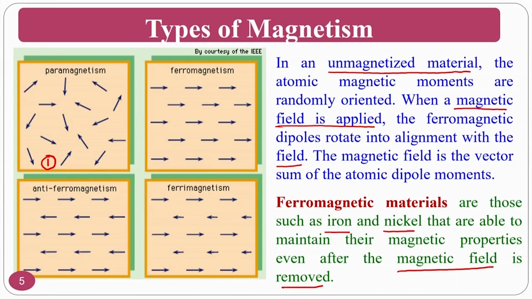If you put them into a magnetic field, they will align along the direction of the field and give some dipole moment, and the vector sum will give you the complete effect. But if you choose a ferromagnetic material, even though you remove the magnetic field, you will still have the dipole moment.